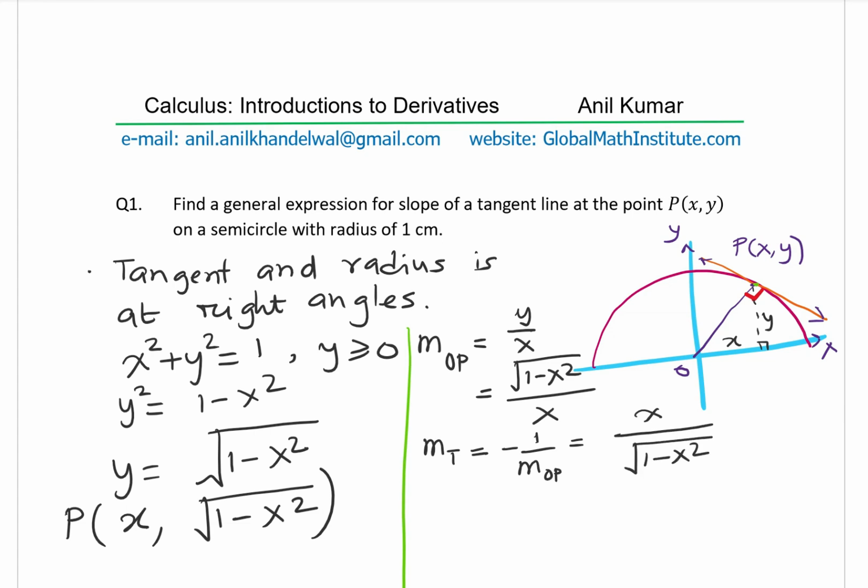Does it make sense to you? So that becomes the slope. And once you know the slope of this particular tangent, you can find the equation also, right? So it says find a general expression for the slope of the tangent line. So the general expression for the slope, which we are writing as m of t, is equal to the x value over the square root of 1 minus x squared.